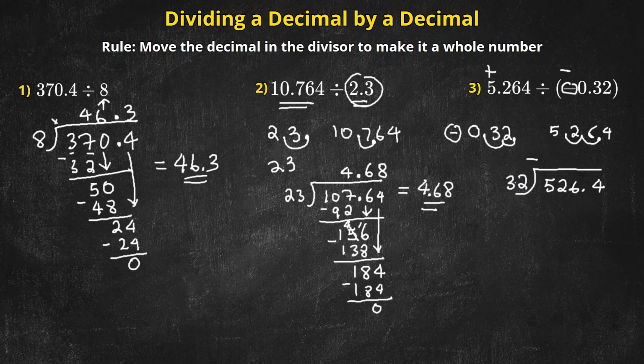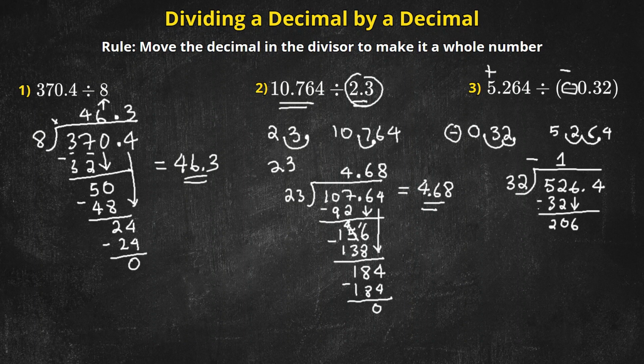Now, 32 into 5 cannot go, but 32 into 52, yes, it can. 32 into 52, it will go only one time, and that will be 32. Let's subtract. This will be 0, and 5 minus 3 will be 2. Now 32 into 20, it can't, so we bring down the 6.